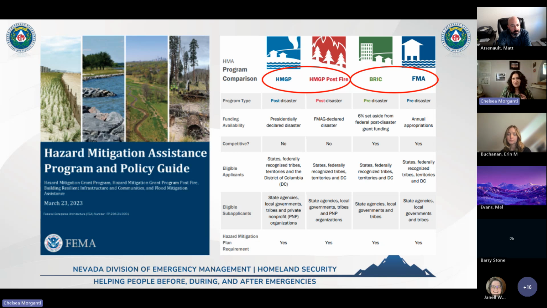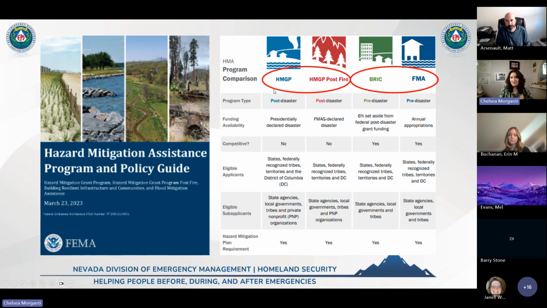Remembering that there is this difference between the nationally available pot of money and the disaster pots of money that are more state specific. Right now, like I said, we are anticipating the release of the non-disaster BRIC and FMA notices of funding opportunity pretty soon. So that's going to be this circle, these pre-disaster mitigation grant programs with their eligible opportunities.